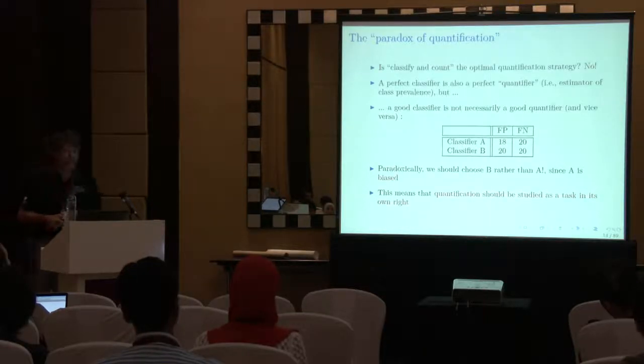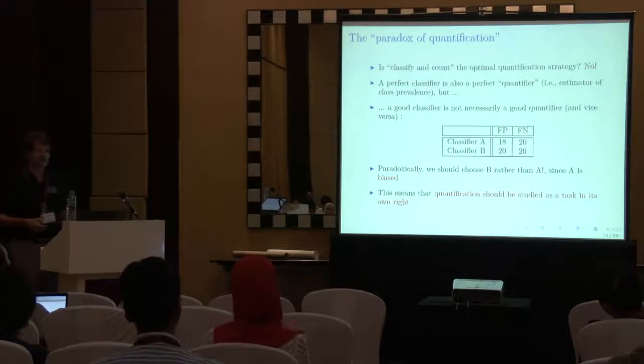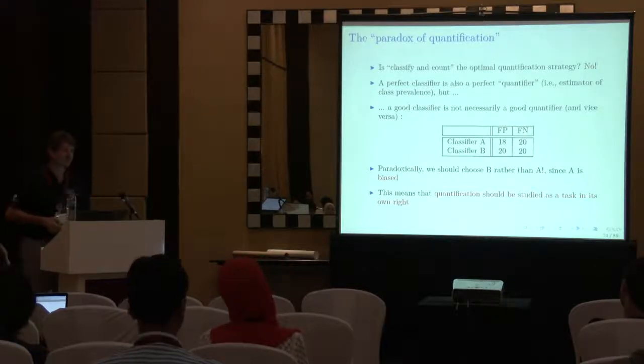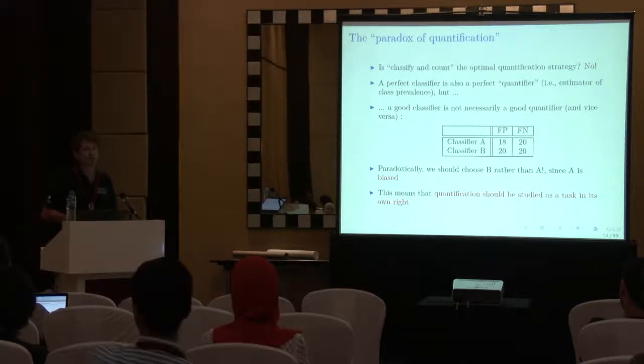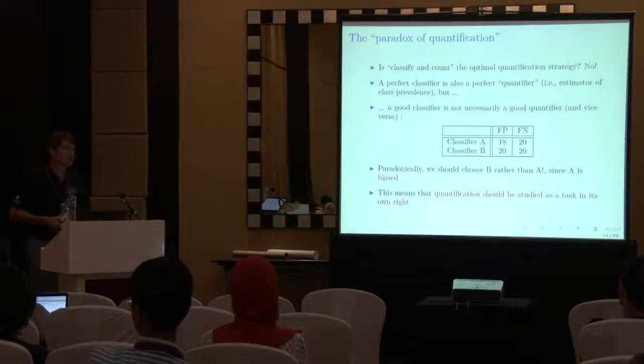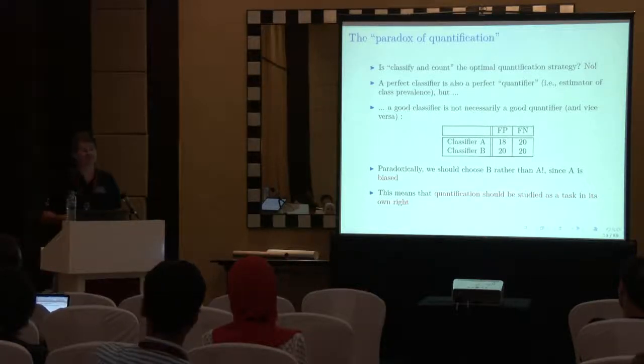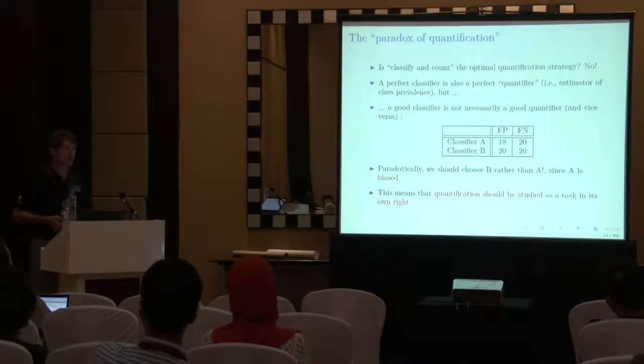I said that quantification has an inherent paradox. So the paradox is this. Typically, the way we would solve quantification is by a strategy which we call classify and count. If we want to do quantification on tweets, we do sentiment classification on all of the tweets.